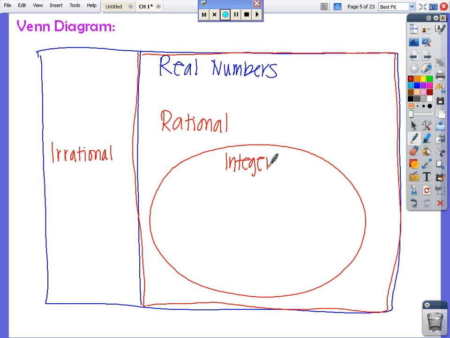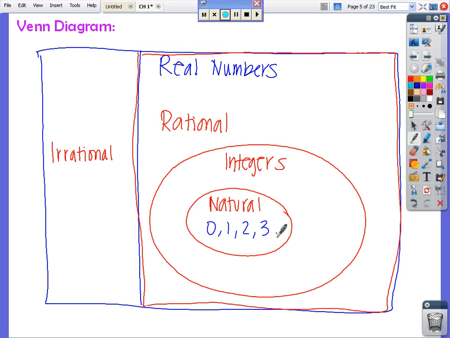And then within our integers, we have the natural numbers. All right, so natural numbers start at 0, count up 1, 2, 3, 4. The natural number symbol is a thick N. And then the integers symbol is a thick Z. And the integers would be -1, 0, 1, 2, and so on.